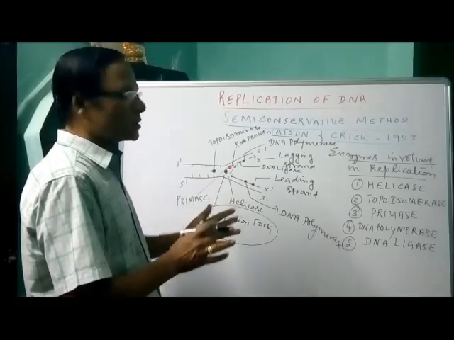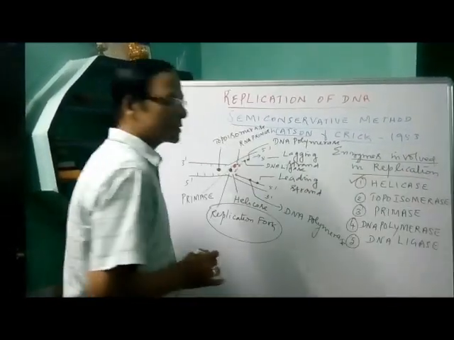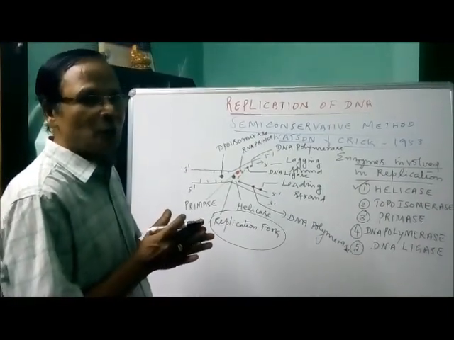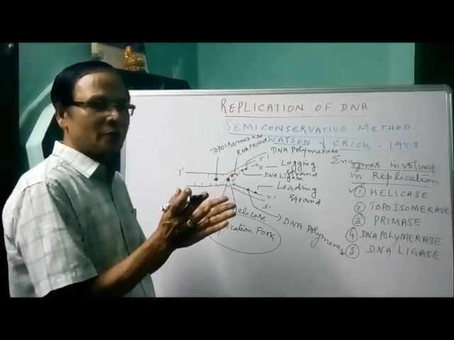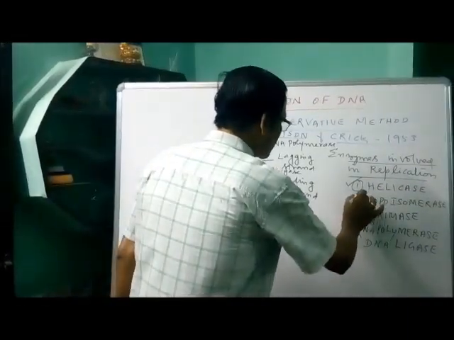The two strands are normally separated by the action of enzyme number 1, helicase. It breaks the hydrogen bonds so that the two strands are separated. Now there is another enzyme called topoisomerase.